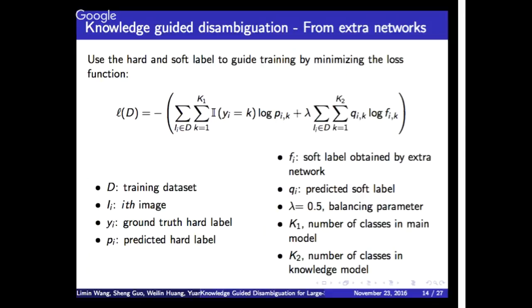It's not very clear here, but I believe they use the direct output without training anymore as what they call the soft label obtained by the extra network, and then they do some process of fine-tuning to use the predicted soft label, because there would be no point in calling it different if they were using the same. But they are not very clear on this point.